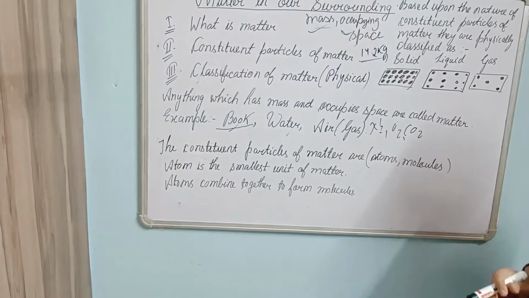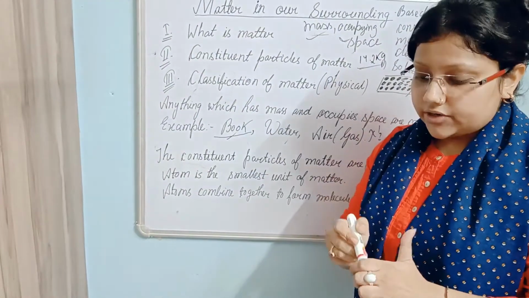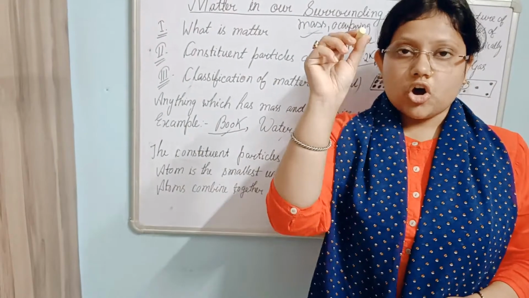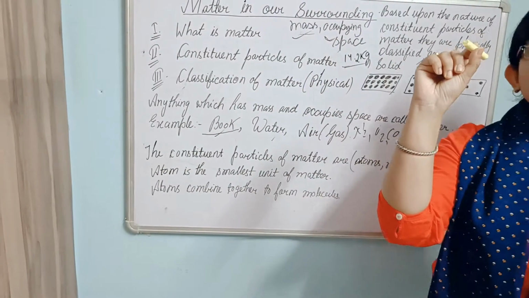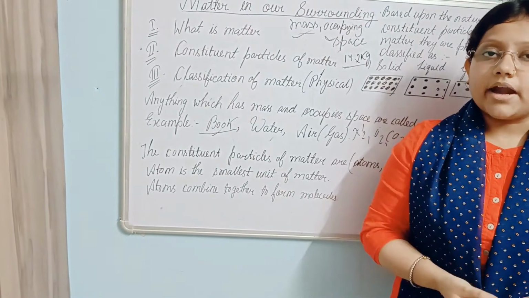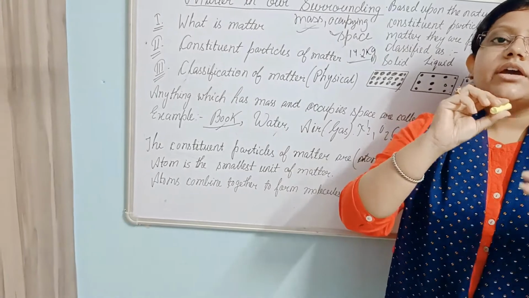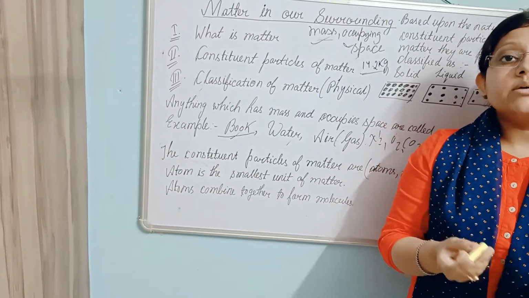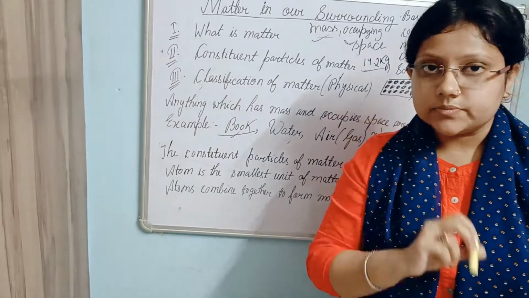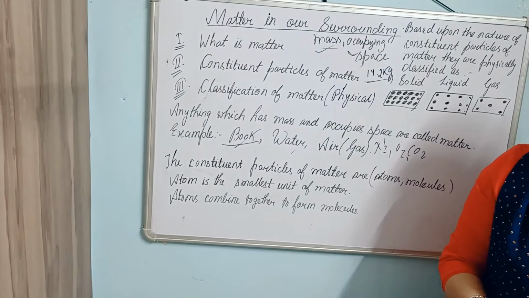Now we will move forward to the second topic, that is constituent particles of matter. Now I will explain this with the help of a chalk. This is also a matter. You will definitely be able to prove how it is a matter, because it has some mass, and if you keep it in some place, it will take some space. Now the constituent particles of matter, what does this mean?